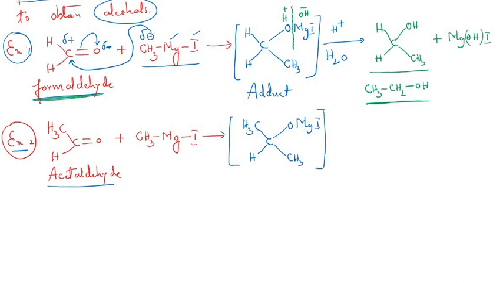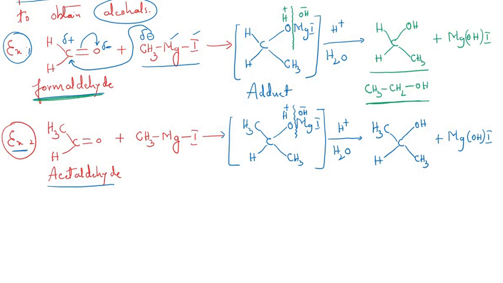This addition product, when subjected to acid hydrolysis, that is water in the presence of H+, this bond is going to rupture here. So I can write H+ here, and OH- here, and our product will be CH3, C, hydrogen, CH3, OH, plus the side product magnesium hydroxyiodide.